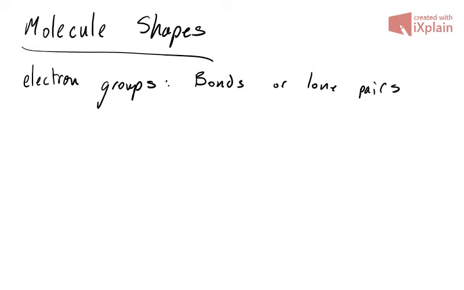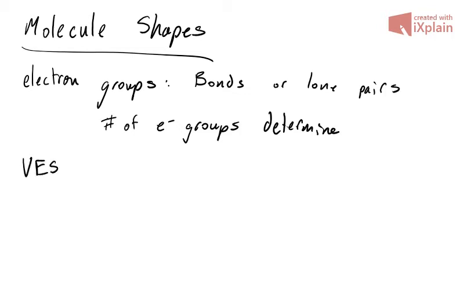The number of electron groups determines what is called its VSEPR geometry. Okay.